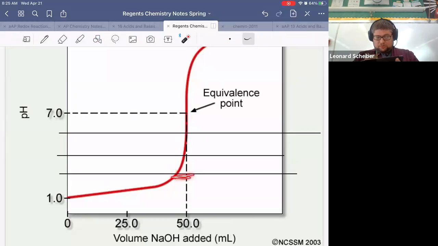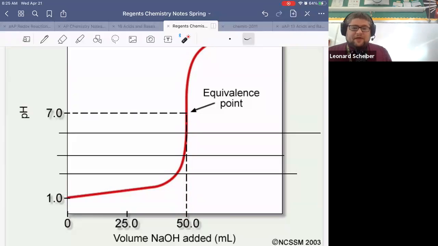there's so little volume change, barely any volume change. It basically shoots up straight from a pH of about 2 to a pH of 9. It takes what, a couple milliliters?